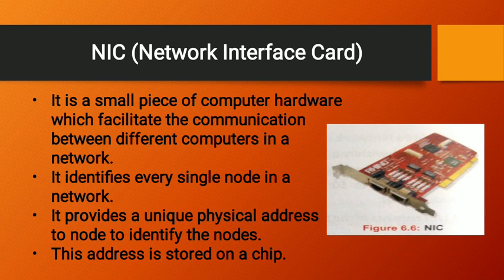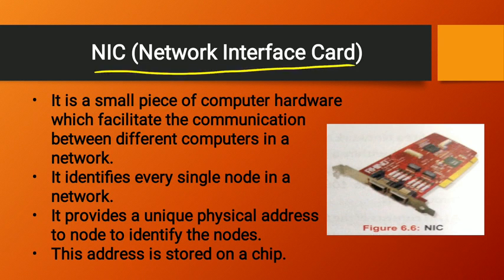This is a component that is different from server and client. Server and clients both were computers, but all the components which we are going to discuss now are the small parts of the computer which are required to establish a network between the computers. This is NIC.